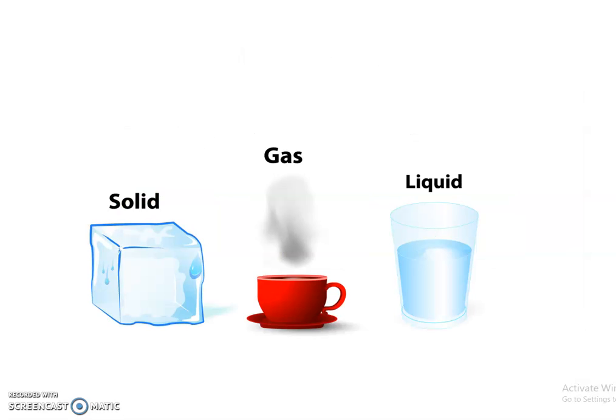The examples are, now you can see that this ice is a solid because it has a perfect shape. And you can see the fumes coming out from the cup, and that I call a gas. And there is some liquid kept in the glass tumbler, maybe that is water, and I may call it a liquid.